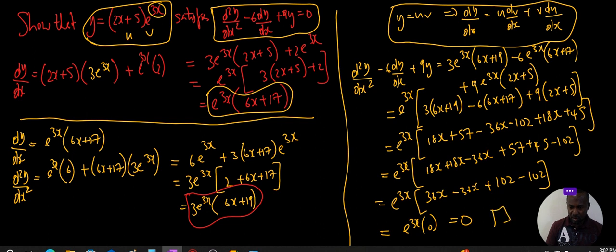So this therefore has been proven. We've proven that given y equals 2x plus 5 times e to the 3x, then in fact d2y by dx squared minus 6dy by dx plus 9y is indeed equal to 0. Alright, so we've proven that one.